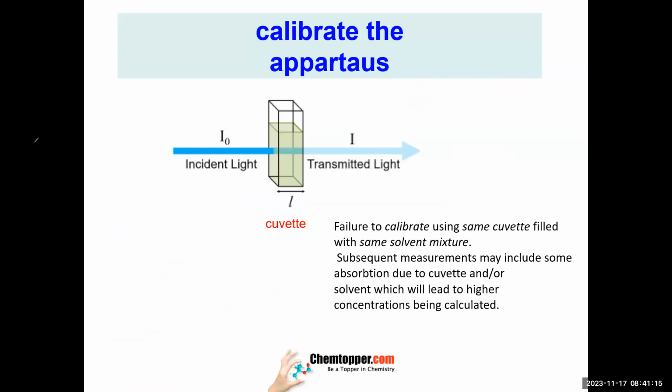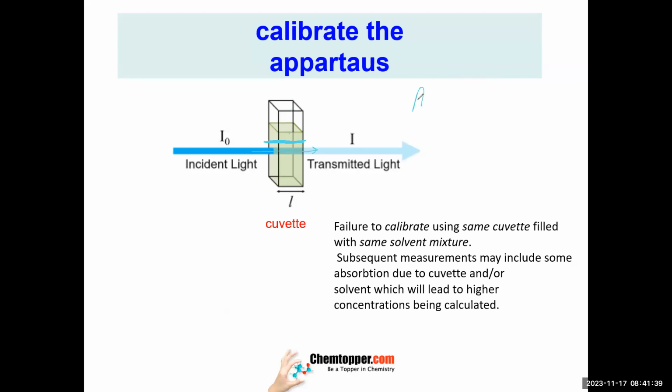So if I take this solution up to this level, do you think there will be any error in my experiment? I don't fill it up to the brim. I fill it only up to the part where the light can pass through it. No error. Why?